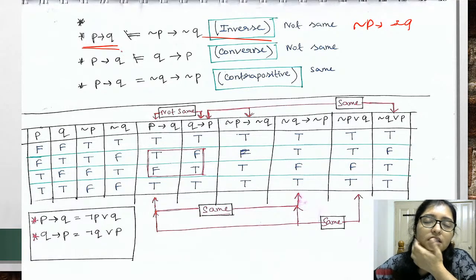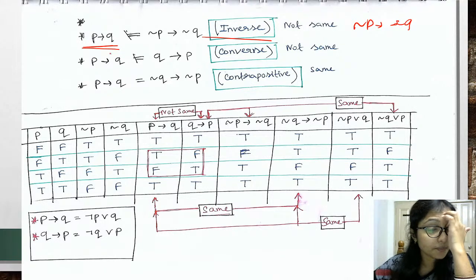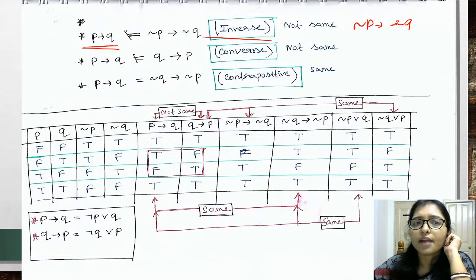I can take an example. Can you tell me any example for P implies Q, not P implies not Q? If any example comes to your mind, please tell me.